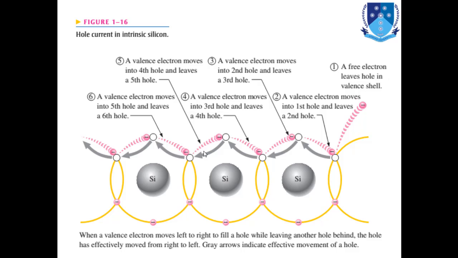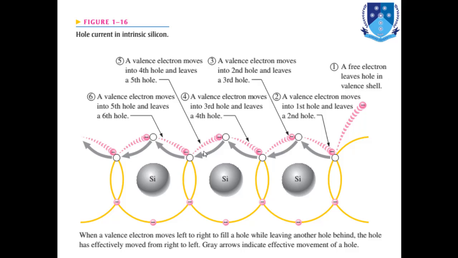In this figure, the gray arrows indicate the effective movement of a hole. As we discussed, there are two types of movement: one is the movement of valence electrons from left to right, while the other is the movement of holes from right to left.